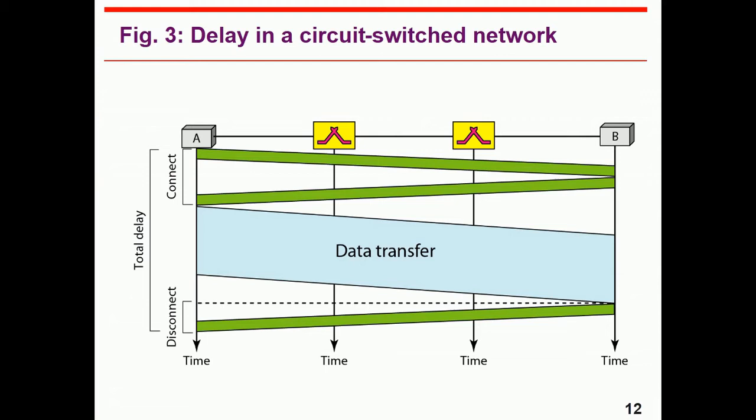First, time is increasing downwards. There is the connection request by A. When this connection request reaches B through these links, B sends back a confirmation message to A. The duration used for this is the connection request delay.